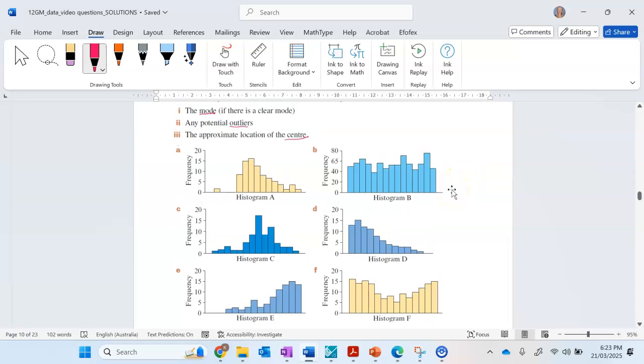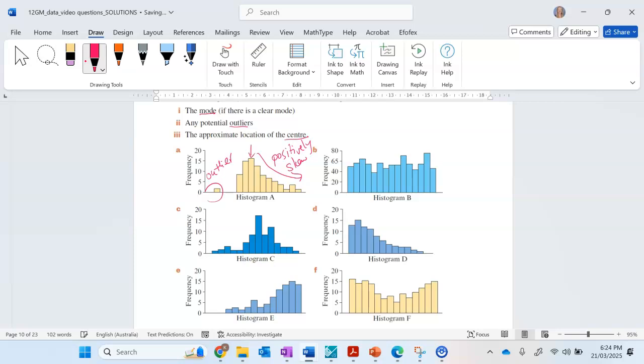All right, so let's do the shape first. This first one clearly has an outlier. And it's tailing off in the positive direction, so it's positively skewed. Now the mode is here.